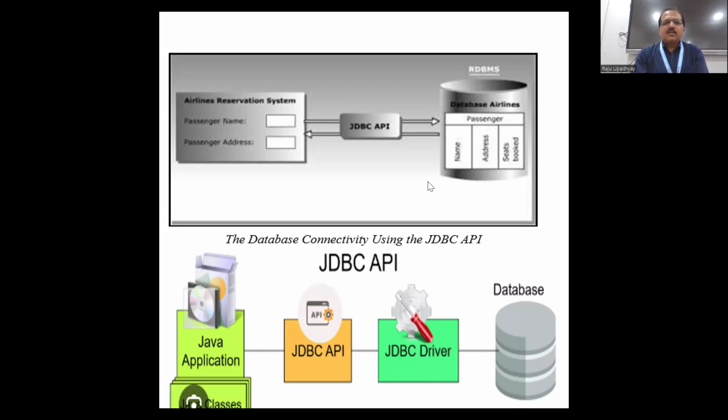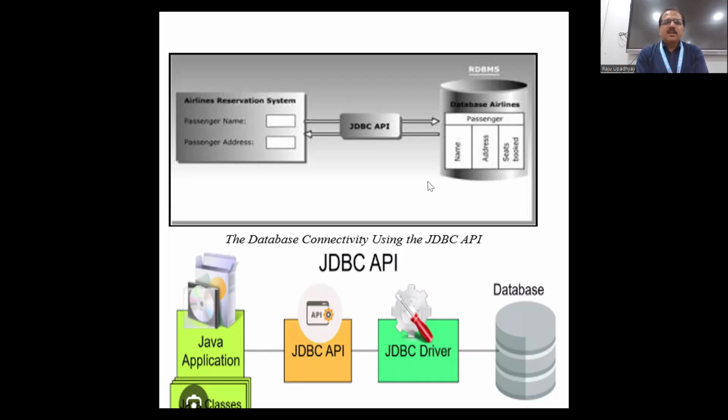Right. So the screen which I have shared with you is very relevant and user-friendly. Here you can notice on the left side, we have a Java application for an airlines company. On the extreme right hand side, we have the database, that is the airlines database, and within it we have a set of tables.